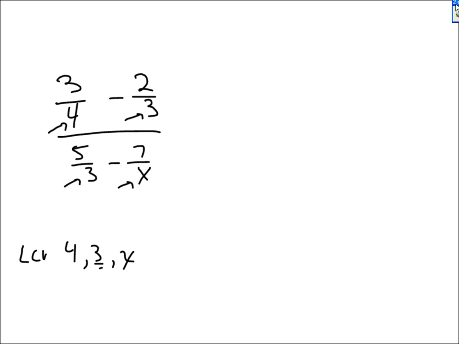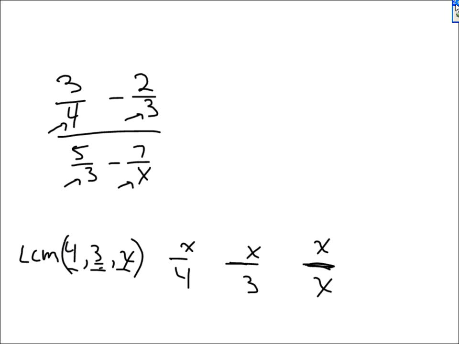What's the smallest thing that goes into both 4, 3, and x? They all go into, for x to go into it, it has to have x. So unfortunately or fortunately, they're all going to have x.